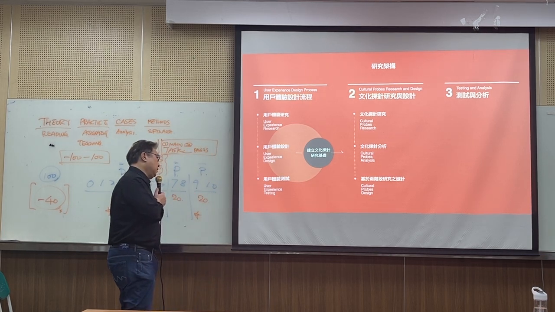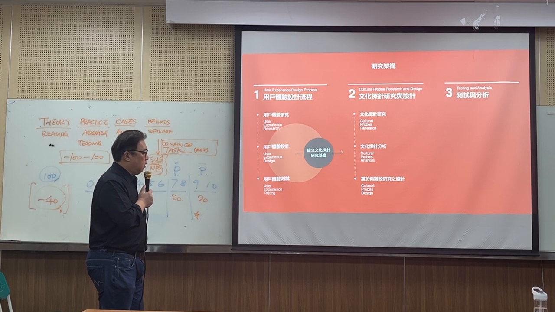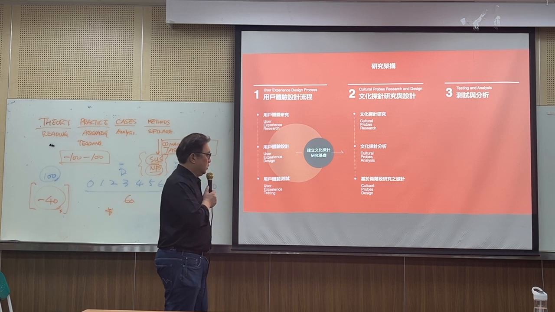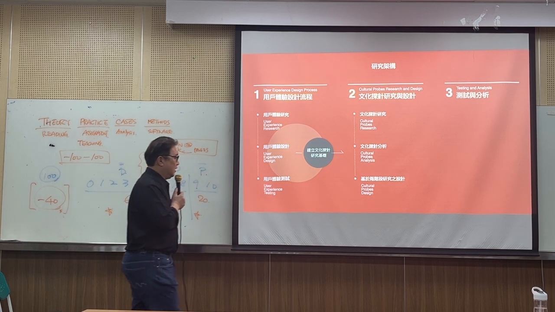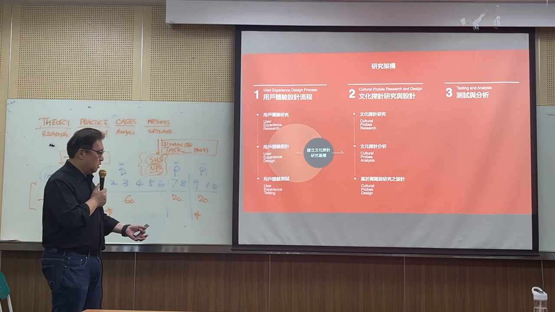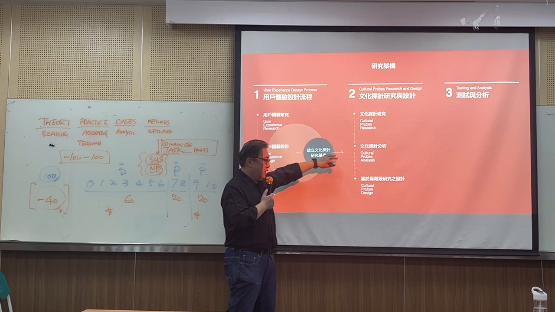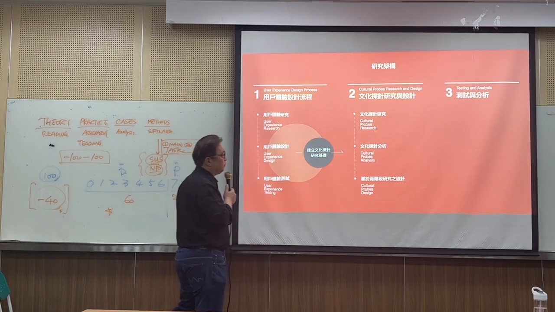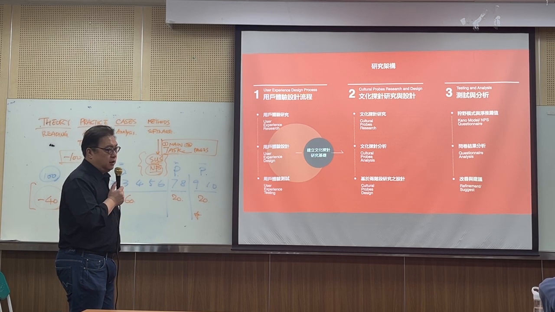So we thought about whether we could have more detailed information about how different trip planners do their job. So we used cultural probe to do it. Based on the result of the cultural probe, we tried to generate a second round of app design. So what I'm going to tell you about is not the first round of the design process, but the second stage. And then we test it, analyze it, and come up with the final result.